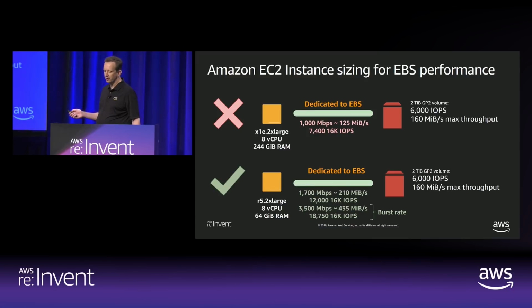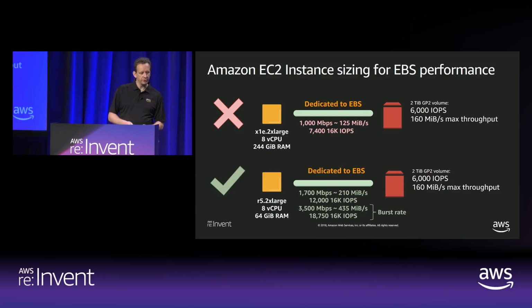So you can see here, what I've done is I've taken an X1E instance, which is fabulous for having even a higher RAM ratio than the R instances, and I coupled it with a 2 terabyte EBS volume, and you can see my IOPS are fine, but the throughput is not going to be what I thought it was going to be if I was looking at my EBS volume. I'm going to think, wait a second, I didn't get the full 160.